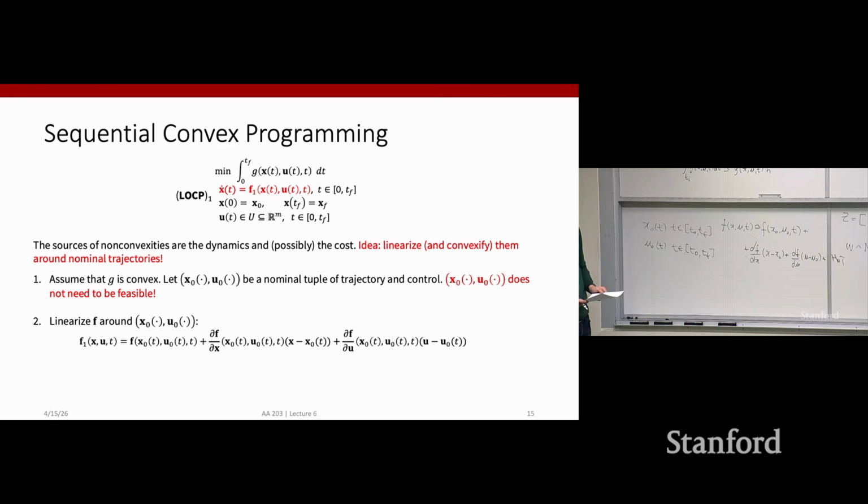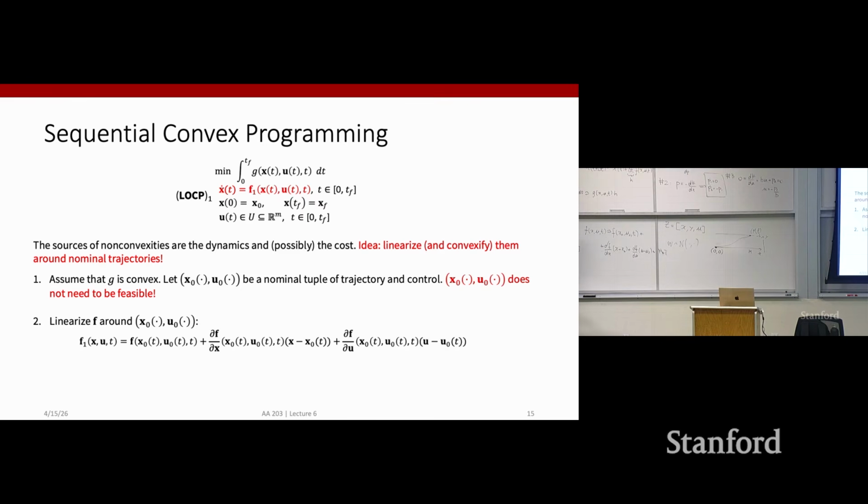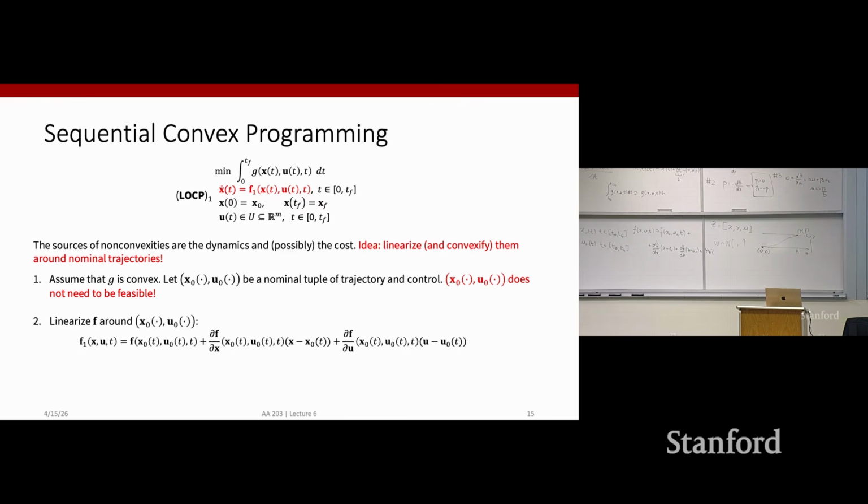Got it. So that x0 on that slide is not the same x0, where you have x(0) is x0, and x(tf). Yes, you're right, it's confusing. I will update it. But is it clear? Yes.